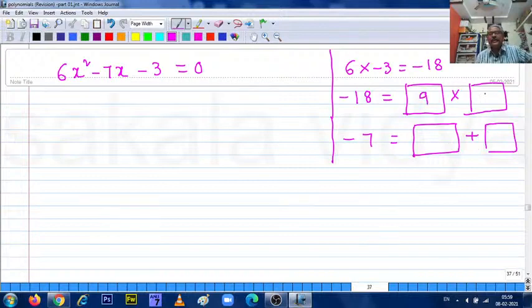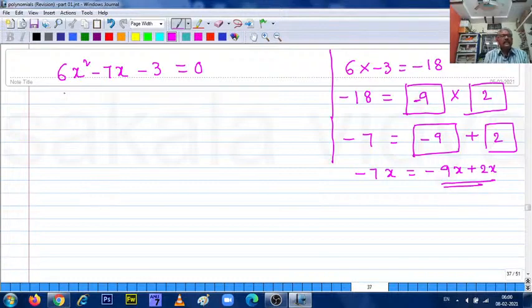Generally 9 and 2 give 18, but we need minus 7. Minus 9 plus 2 is minus 7. Here put minus into plus, minus 18 only. So that means the middle term minus 7x can be written as minus 9x plus 2x. Minus 9x plus 2x is minus 7x only.